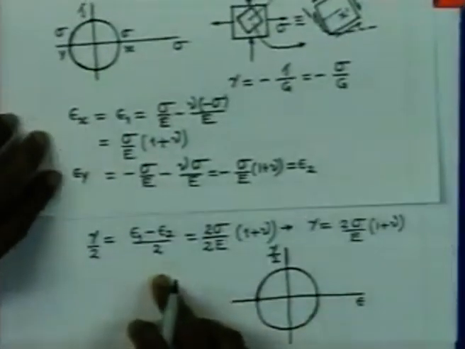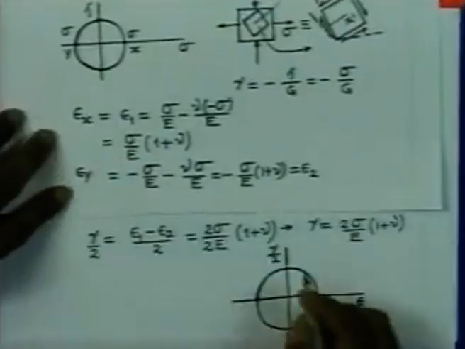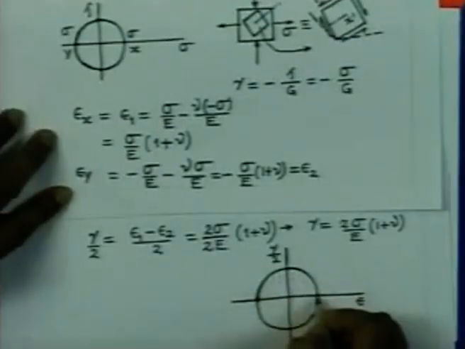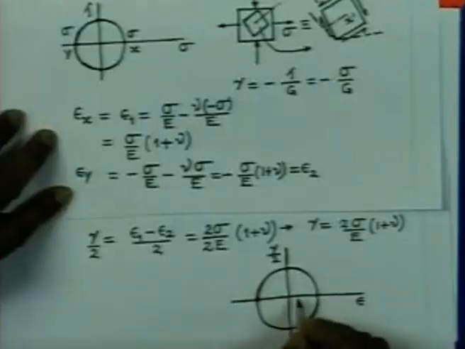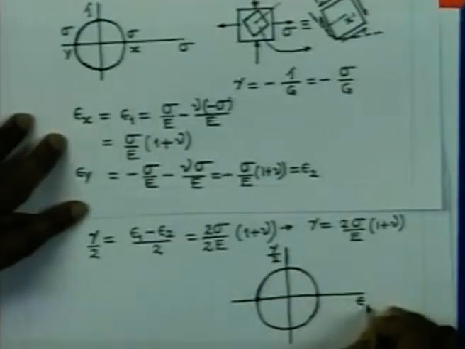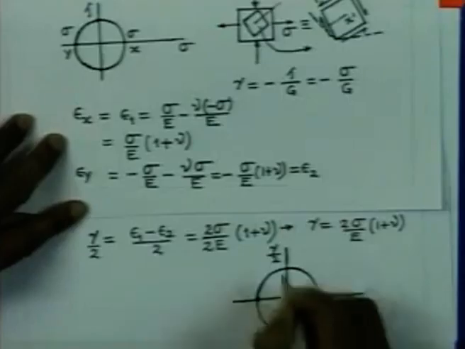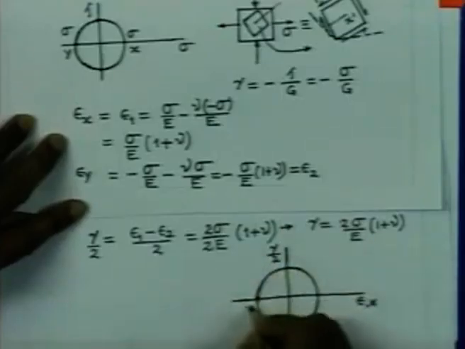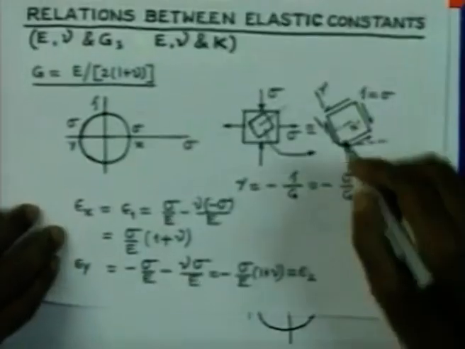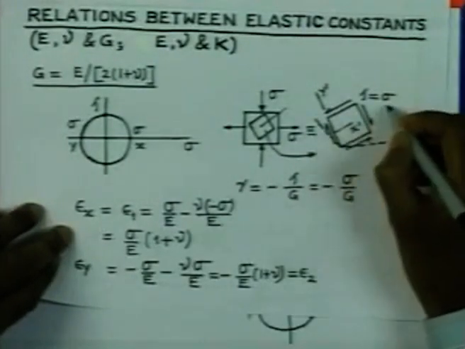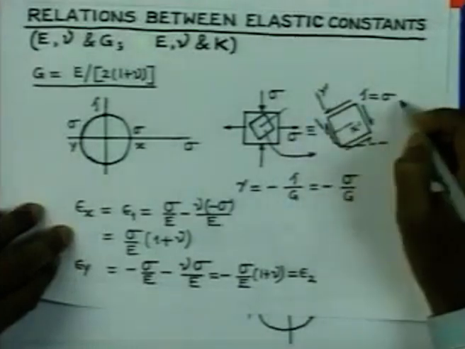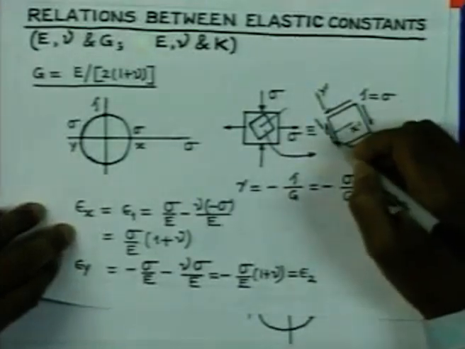So, let me make it clear that this maximum shear strain is going to occur at an angle of 45 degree. Since this angle is 90 degree, it is going to occur at an angle of 45 degree with the x direction. So, again you find that the maximum shear strain is going to occur in this direction or in these coordinates, and again this angle is going to increase.